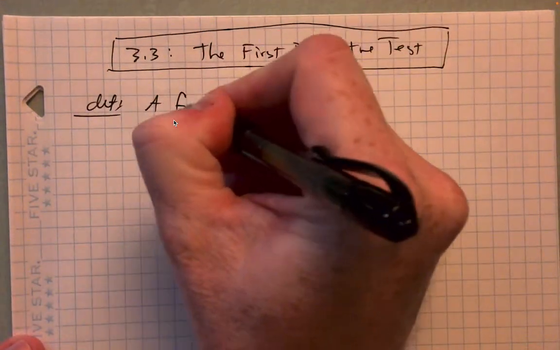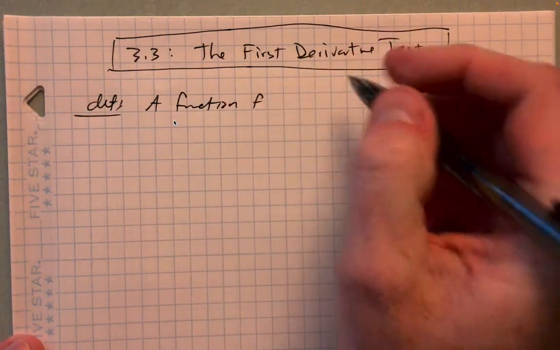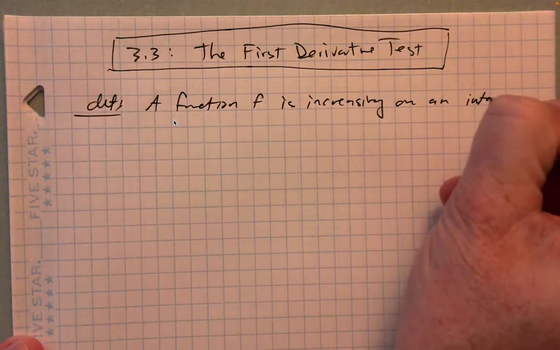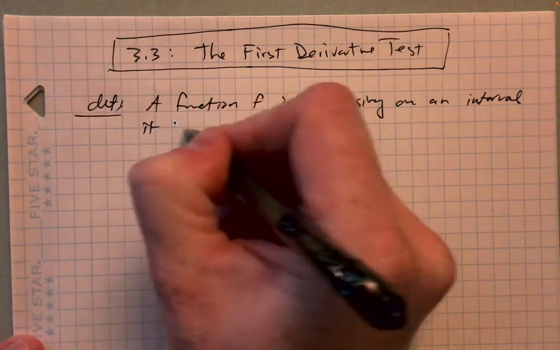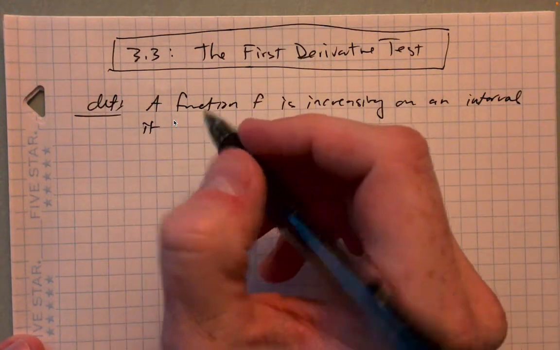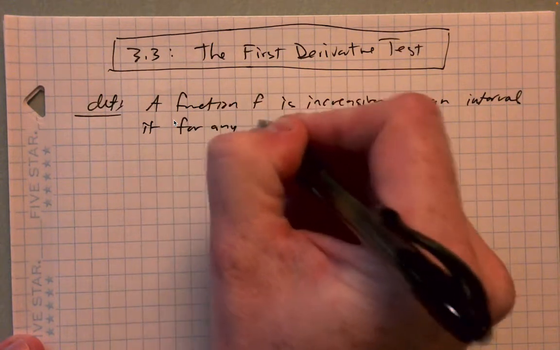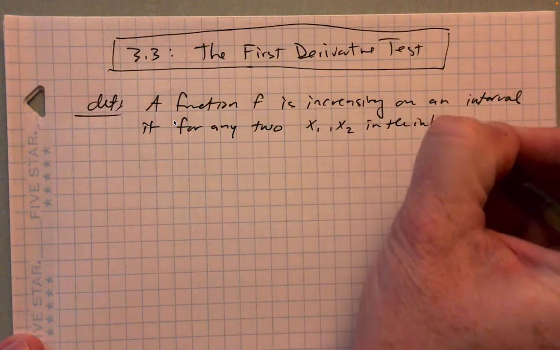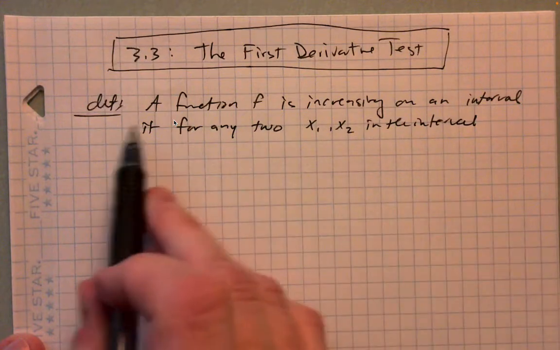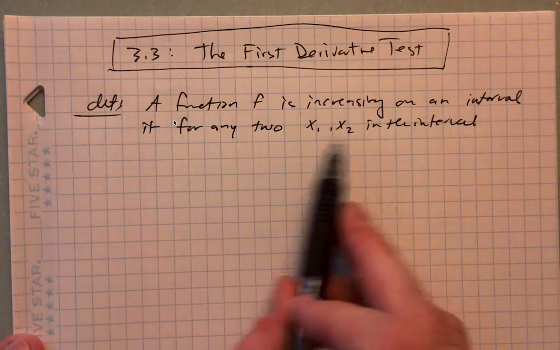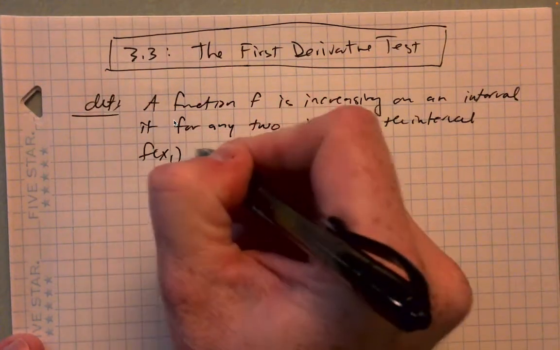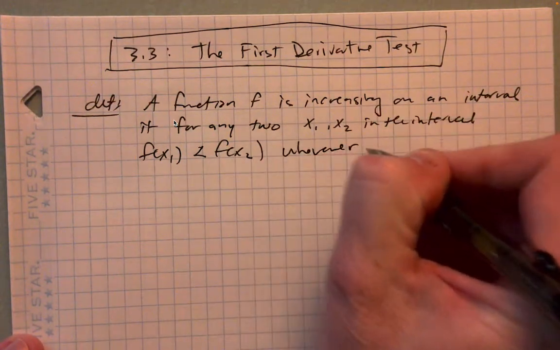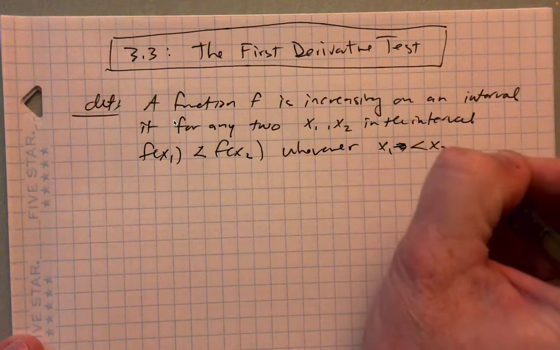A function f is increasing on an interval if for any two x1 and x2 in the interval, f of x1 is less than f of x2 whenever x1 is less than x2.